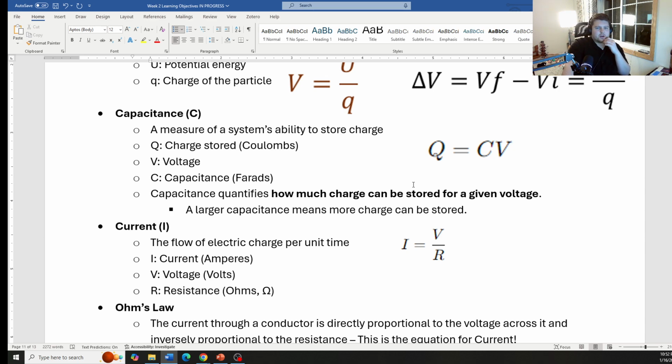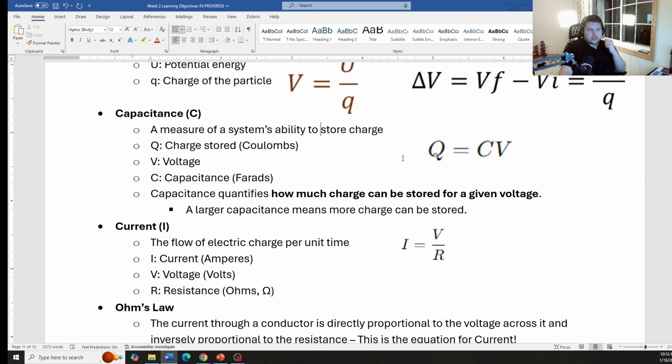Capacitance. Something called this is usually also referred to as a capacitor. A capacitor is what does the process of capacitance. It stores charge. So inside of our electronic devices, we have some type of capacitor which is designed to have electricity run into it, and it stores electricity to allow different things to work.